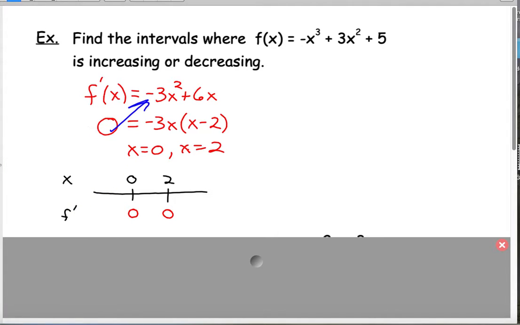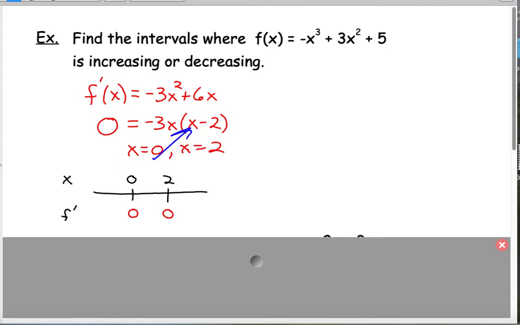Now you can plug it into the original f prime, but I think it's easier to plug it into the factored form. The reason being is I don't care what the specific answer is. I just want to figure out, is it going to be a positive or a negative answer? So if I plug negative 1 in here, this is going to give me a positive.